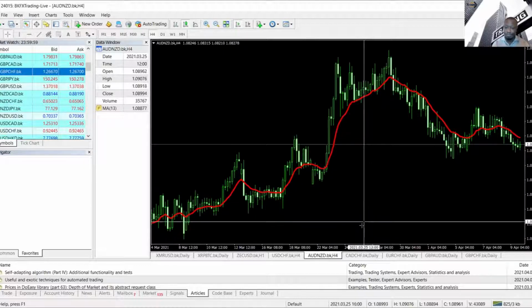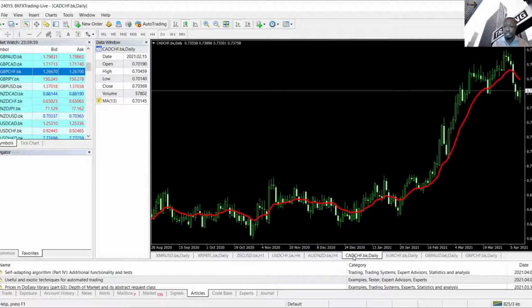Our next pair is the Canadian dollar Swiss franc, which we will be buying. We have seen there was a push by the bears, but the bulls ultimately took control of the market.